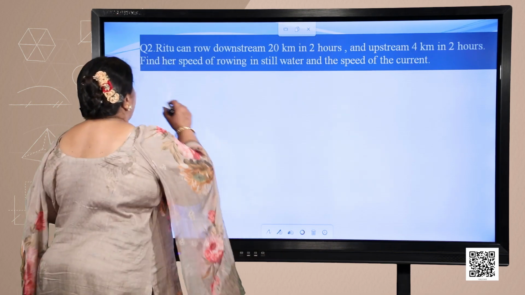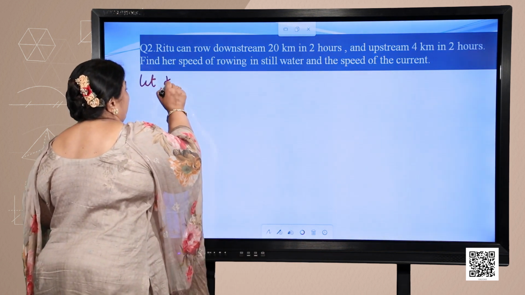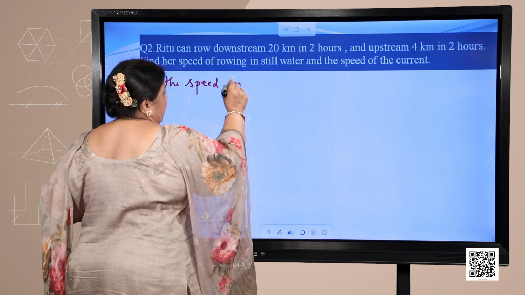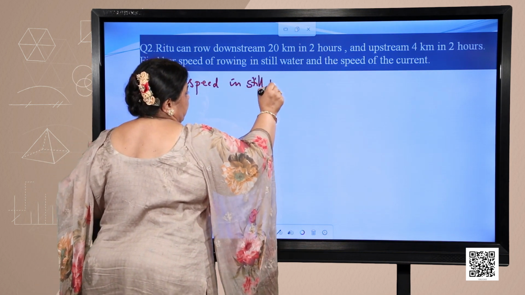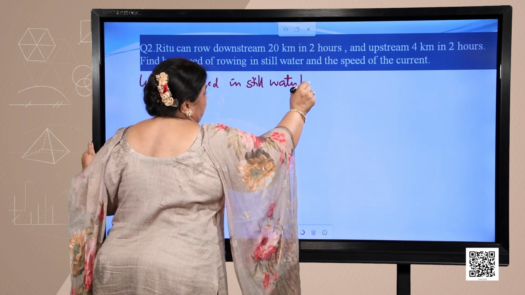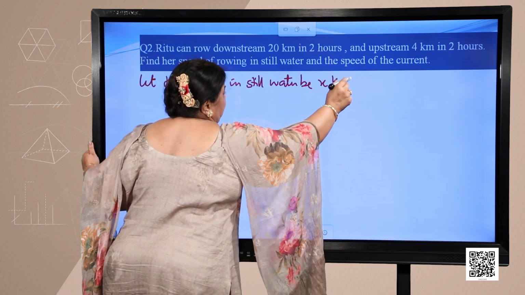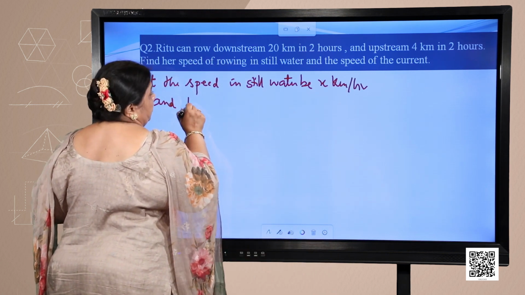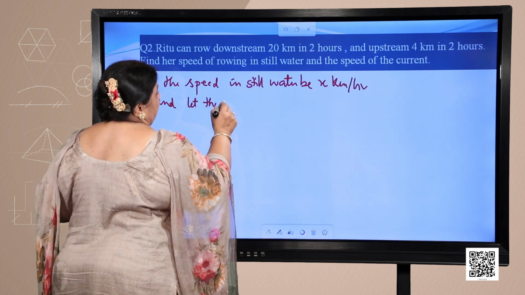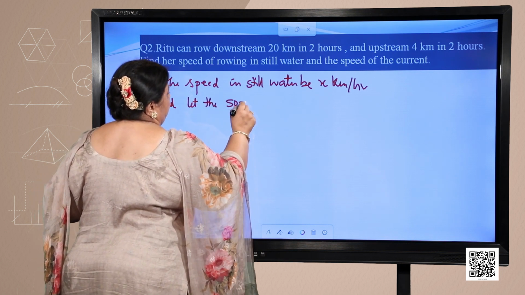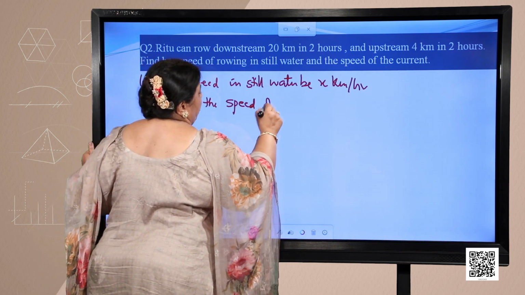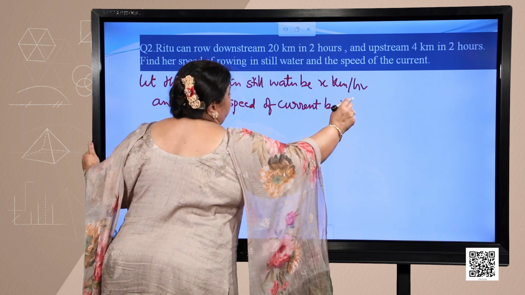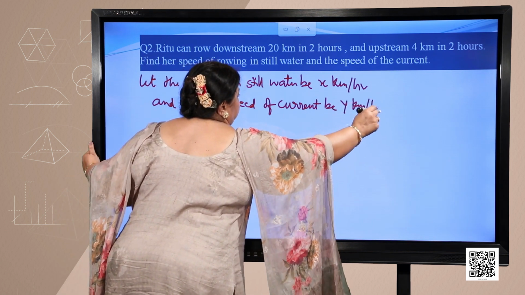Now, let us assume, let the speed in still water be x kilometers per hour and let the speed of current be y kilometers per hour.